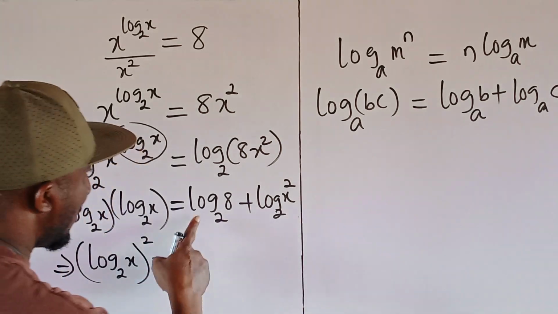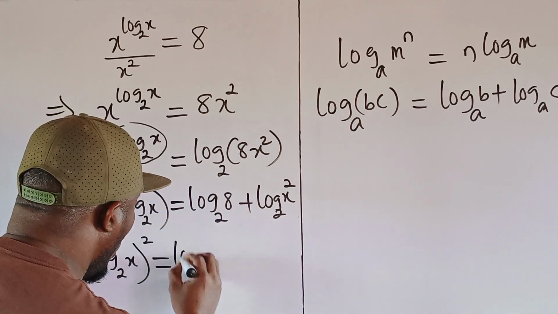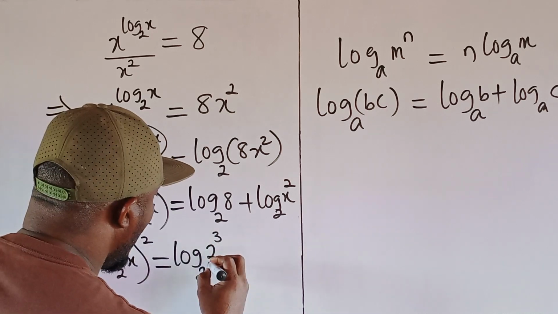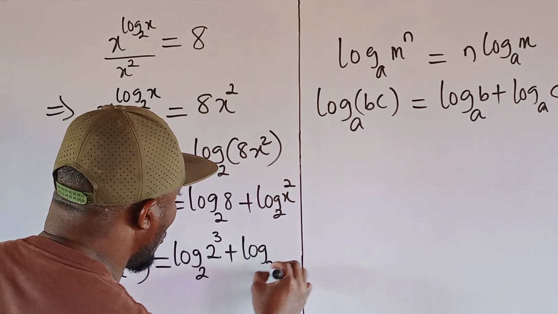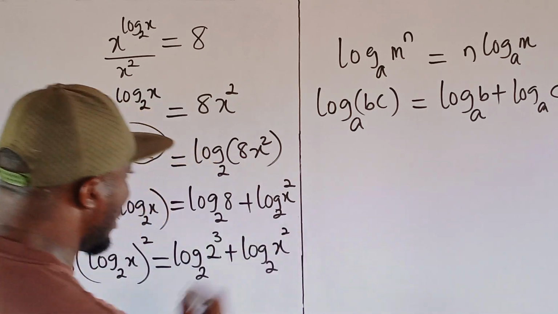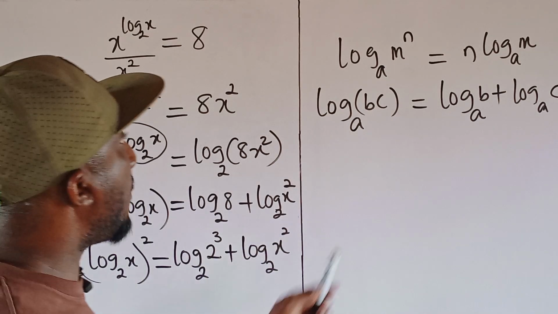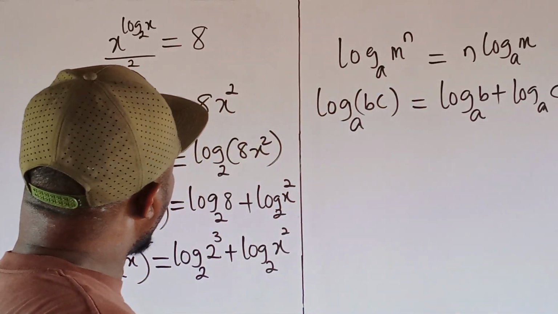On the right side, because it is 2 cubed, I can then write log to base 2 of the argument 2 cubed, then plus log to base 2 of the argument s squared. Again, on the right side, I shall also employ the power rule of logarithm, as you can see here.